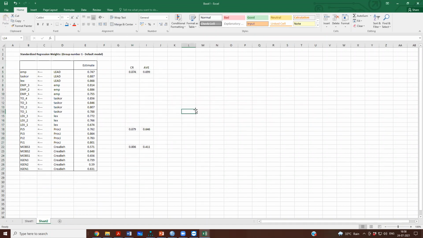for our three constructs. Now we can see that the composite reliability for all the three constructs is greater than 0.70, which is showing that the items are good.